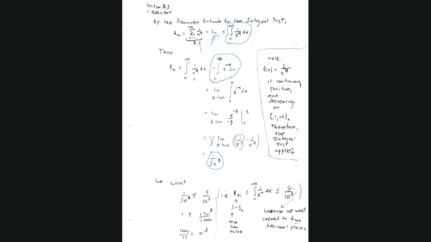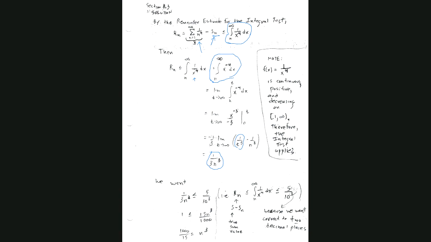Since I want my estimate of the series to be correct to 2 decimal places, this means that I need 1 over 3n cubed to be less than or equal to 5 over 10 cubed.